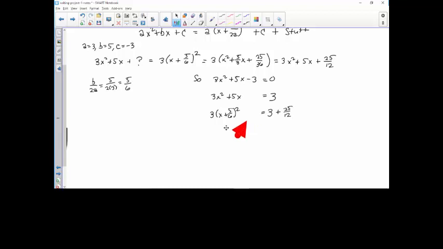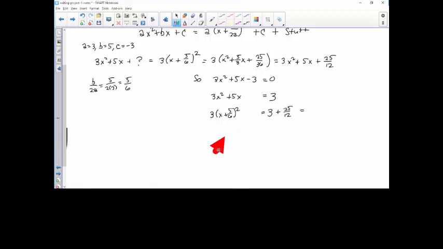Okay? You see what's happening there? I found that question mark. I need to add something to this to write it that way. Well, you find the 25/12 and you add it to both sides. Adding it to the left side gives me what I want here, and adding it to the right side now has to be rectified with everybody else.